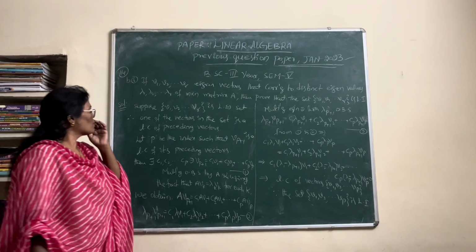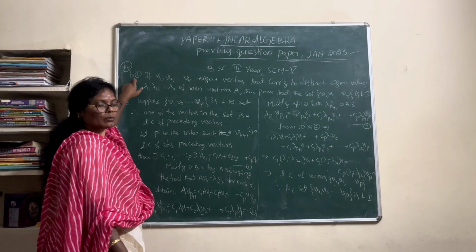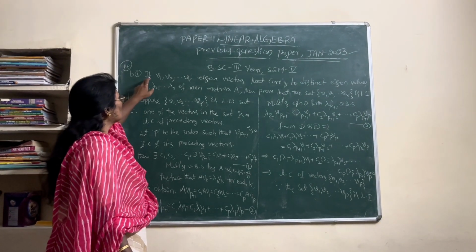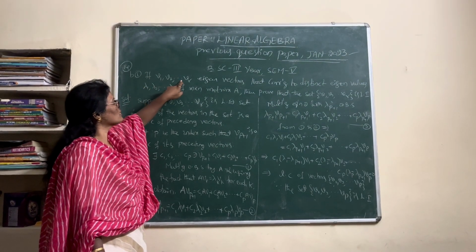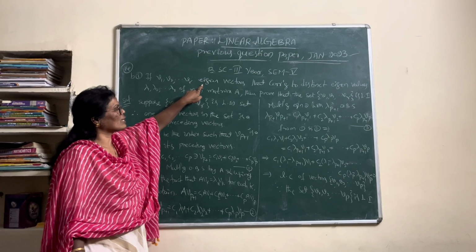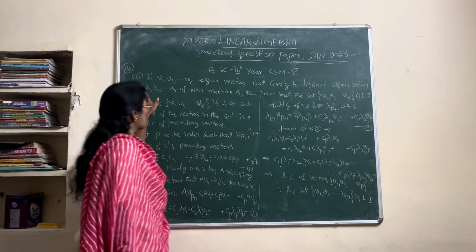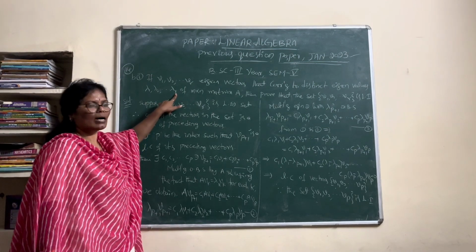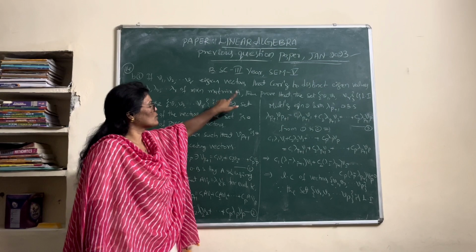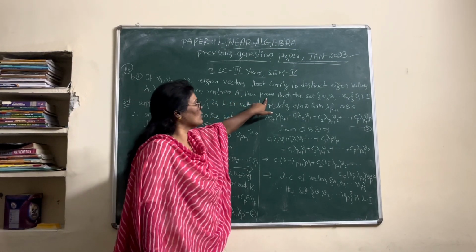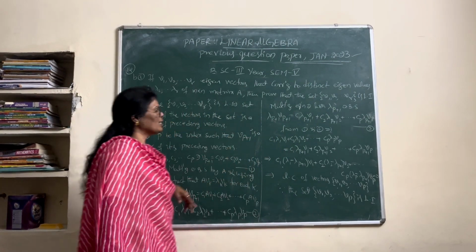Yes, now we are discussing the 14th problem, part B, the first one. The statement given here: if V1, V2, V3 and so on, Vr are eigenvectors corresponding to distinct eigenvalues lambda 1, lambda 2 and so on, lambda r of an M by N matrix A, then we need to prove the set {V1, V2, ..., Vr} is linearly independent.